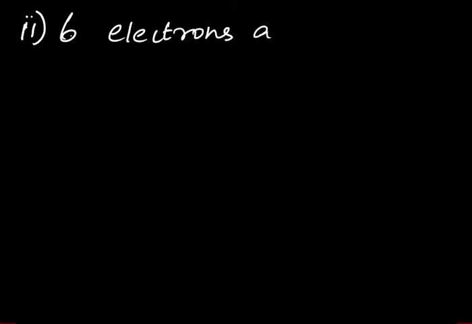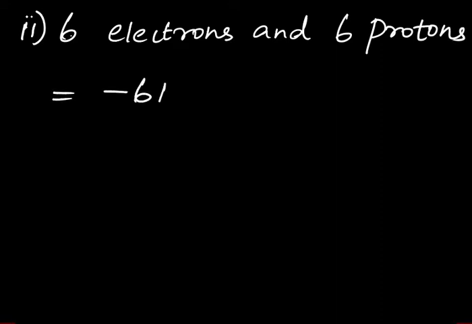Next question, 6 electrons and 6 protons. Electrons are negatively charged, so minus 6, protons are positively charged, so plus 6. So here the net charge is minus 6 plus 6, 0.